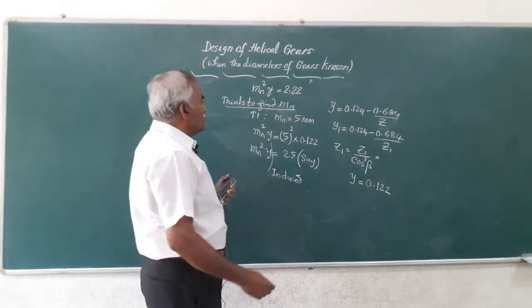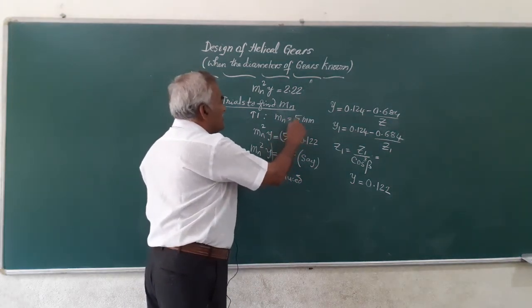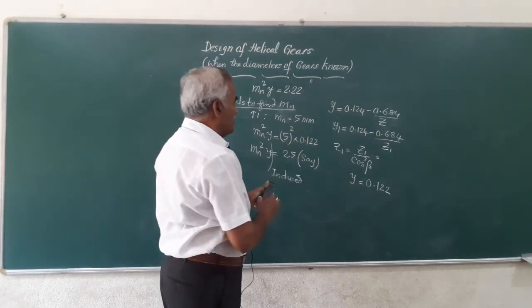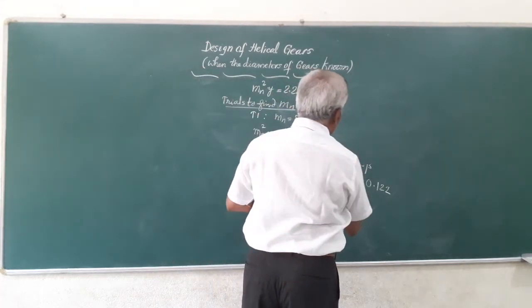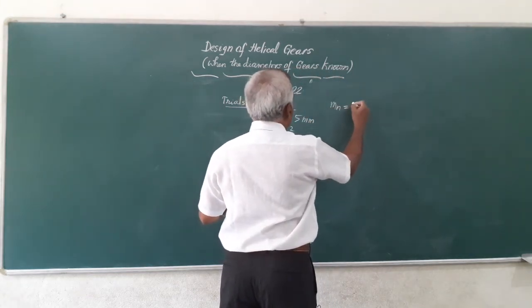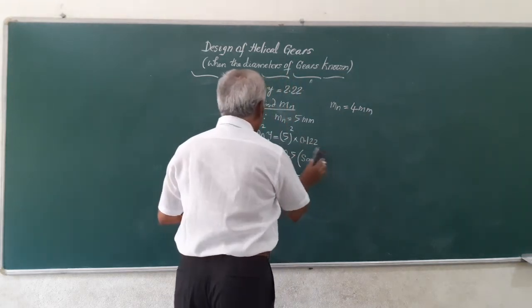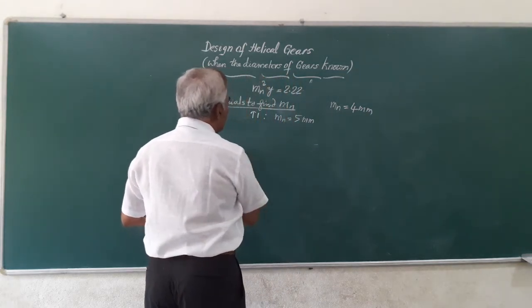So what we should do, we have to make a second trial and try with a value of m slightly lesser than 5. Say I am going to try with module mn equal to 4 millimeter. So repeat the procedure and again see what is the value of induced stress.